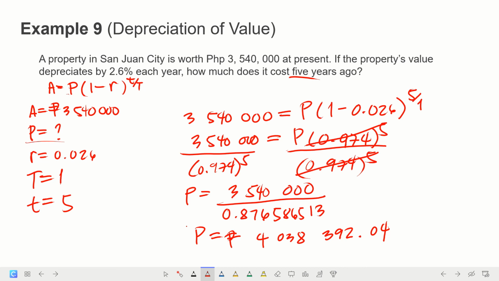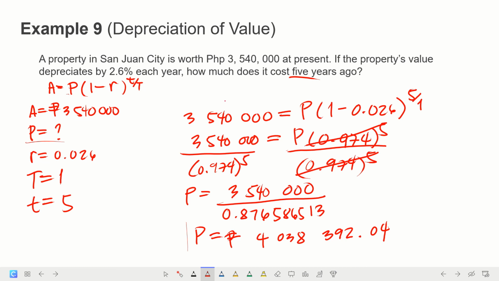So, write your final answer in sentence form. As a conclusion, therefore, the property in San Juan City was worth 4,038,392 pesos and 4 centavos 5 years ago.